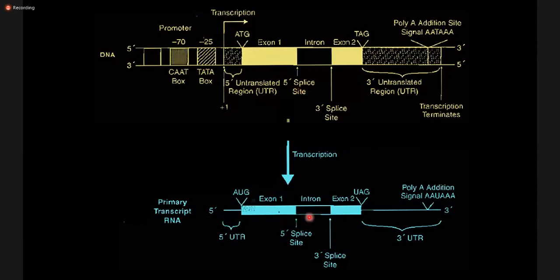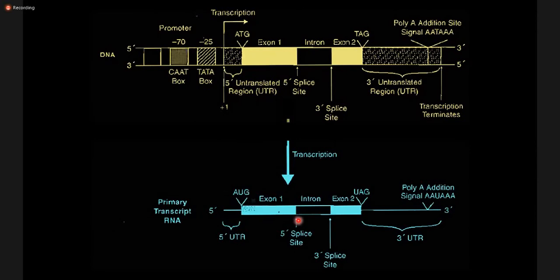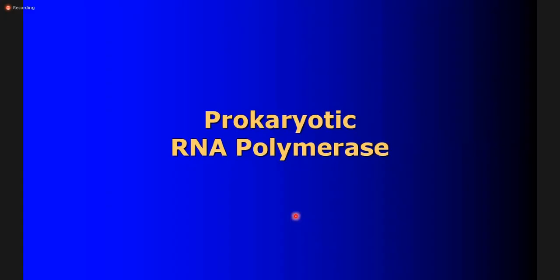So this is a product of the messenger RNA, and as you know, it is an exact copy of the coding strand. So it has copied all the same except the thymine is replaced by uracil. So the introns are removed after the post-transcriptional modification.